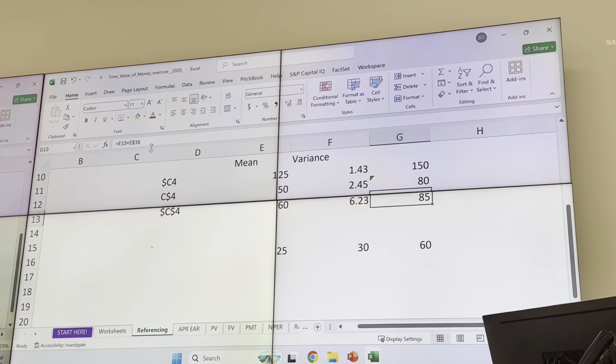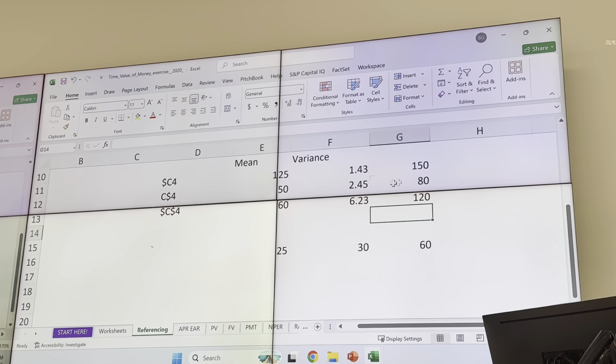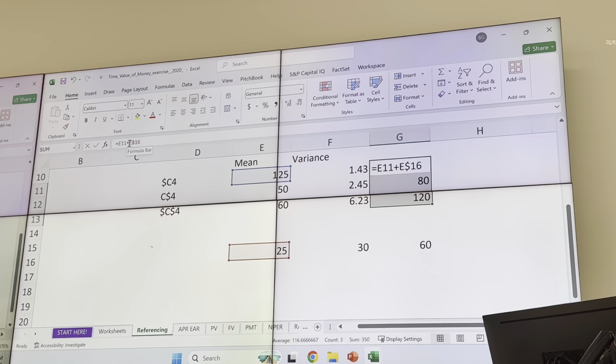And for this one, I need to select G, right? So for this example, fixing the column would not be appropriate, right? But there would be cases where you need to fix the column and not the rows.